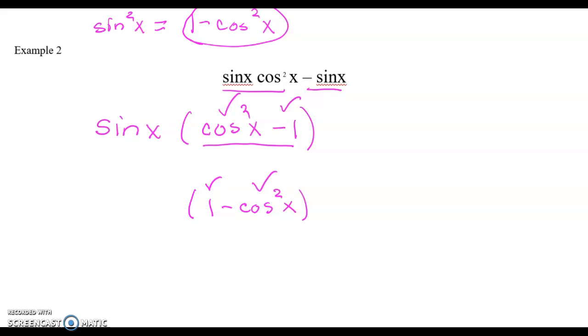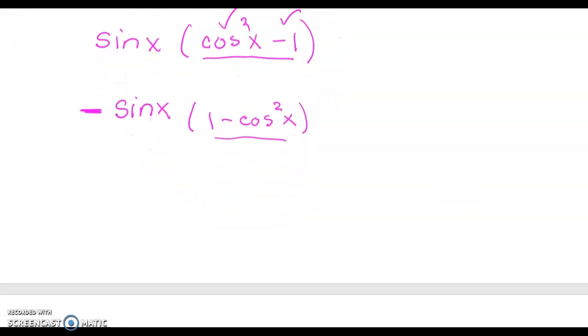So what we need to do is factor out a negative, which changes the signs around. So now, after factoring out the negative, we do have 1 minus cosine squared. That is equal to sine squared, so we're going to trade that out for sine squared x.